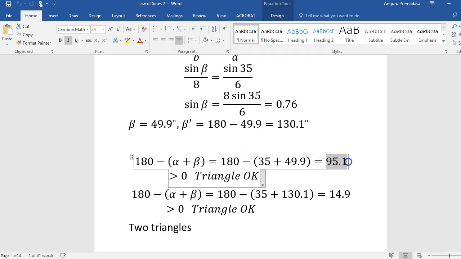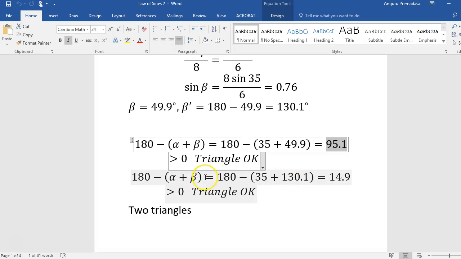That's positive, which means there is space for a third angle gamma. That means we do have three angles, so we have a triangle. This combination, alpha, beta and this gamma, leads to a triangle.